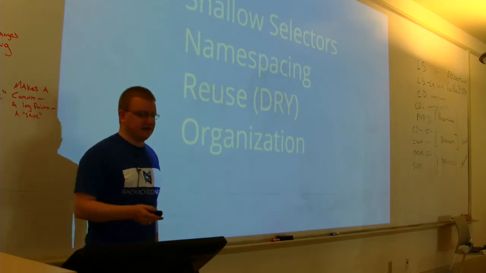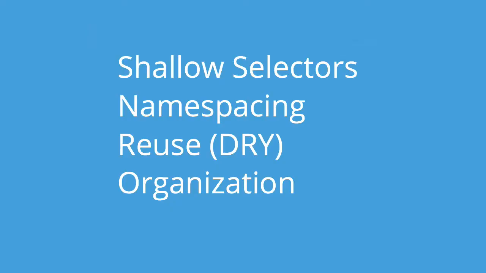There are four that I noticed in particular. The first are shallow selectors. This idea that specificity is problematic, and if we can reduce specificity in our CSS selectors, it's easier to reason about these selectors. It's less difficult to deal with the inheritance problems or the specificity problems that we have between modules.